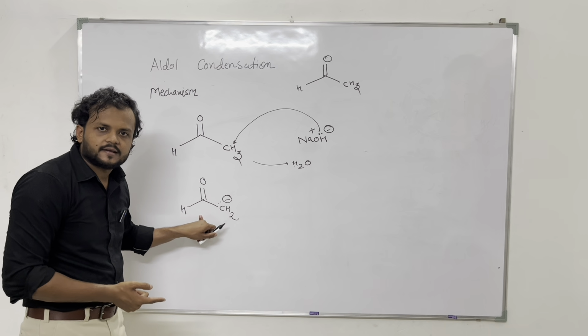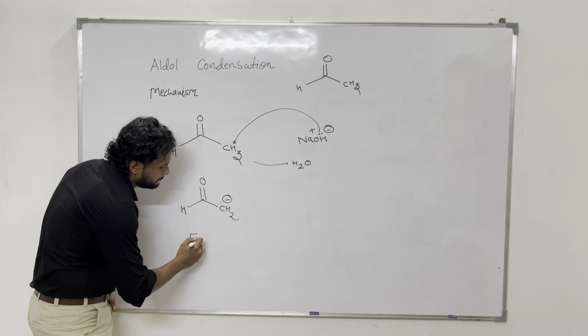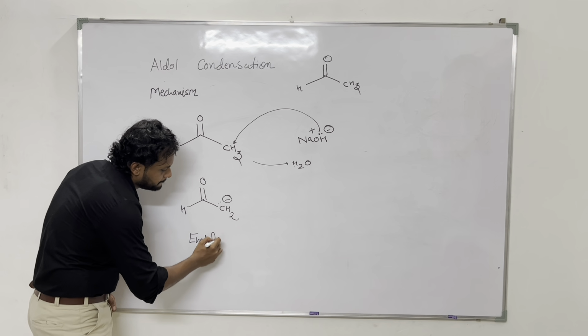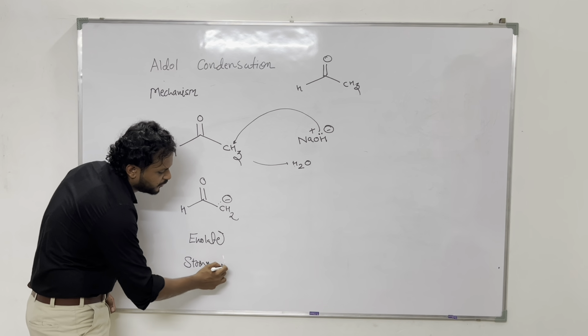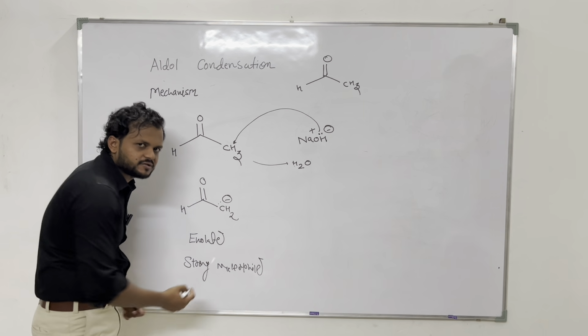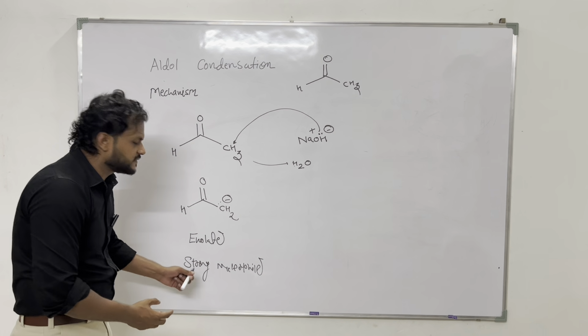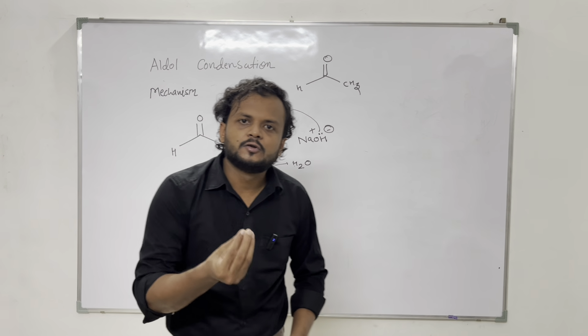This enolate ion is formed, and now this enolate ion is a strong nucleophile. We can also say that in this mechanism, the first step is to generate the enolate ion.